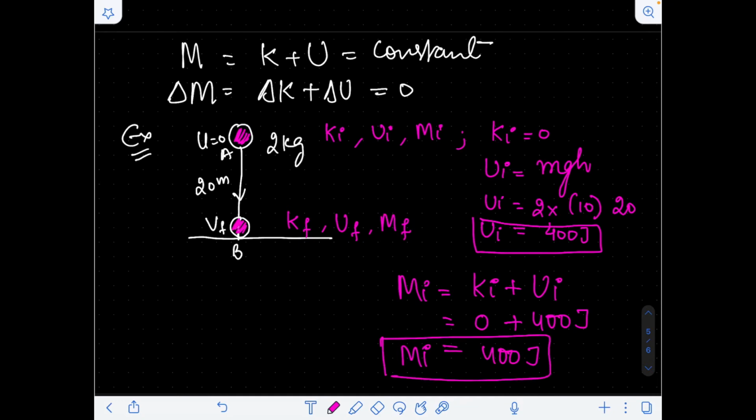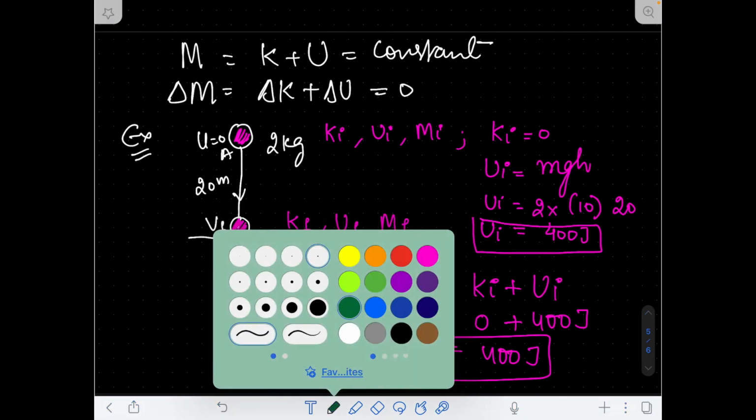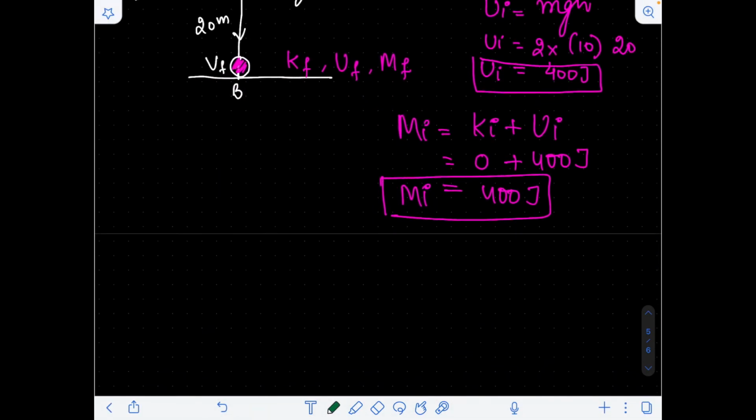Now we will find out the final kinetic energy, final potential energy and final mechanical energy. Let's find out. As the object is falling from a 20 meter height, the final velocity squared equals the initial velocity squared plus 2ad. This is the third equation of motion.